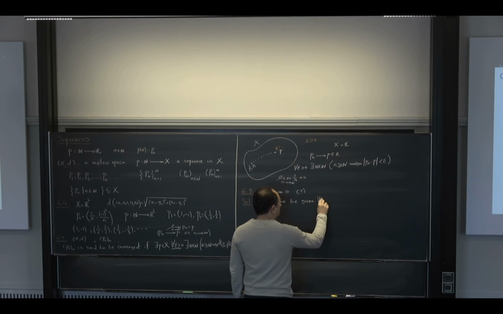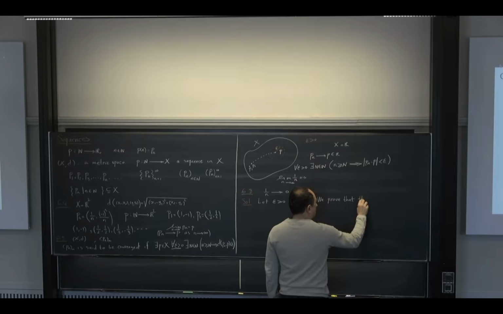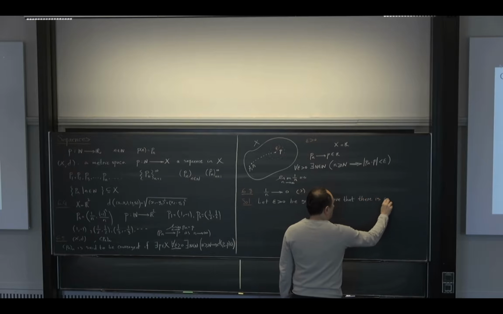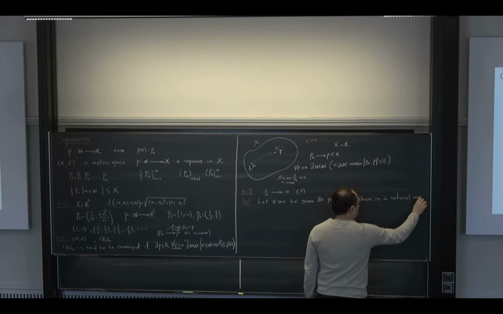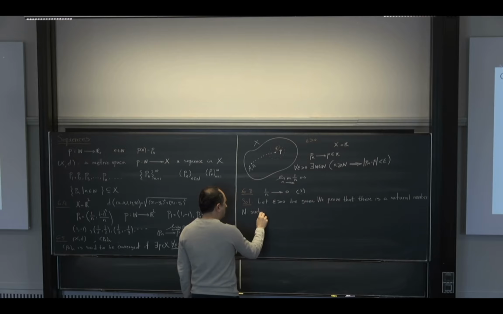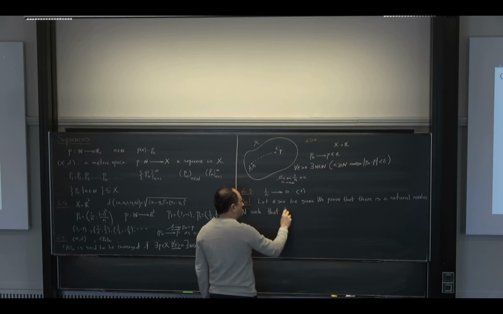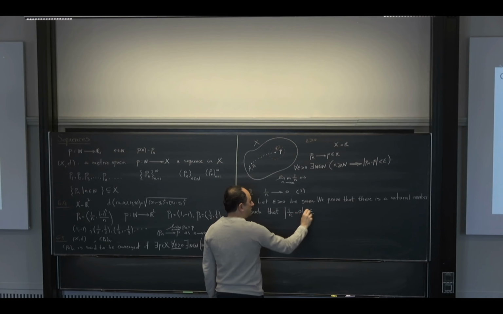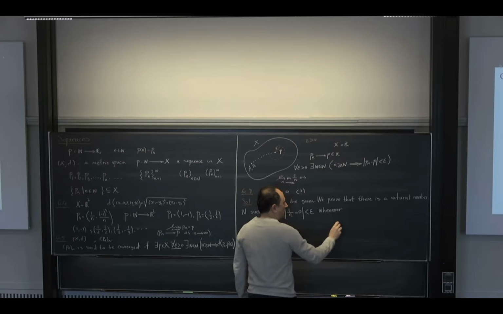We prove that there is a natural number N such that the absolute value of my sequence, 1 over n minus its limit, is less than epsilon whenever... can you fill it up?